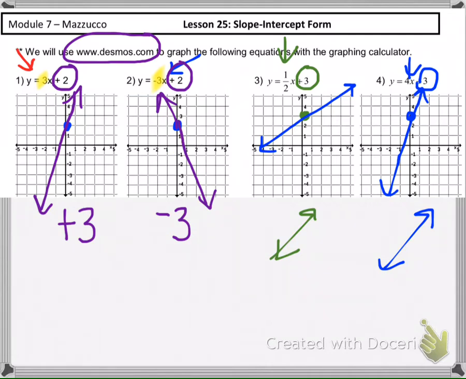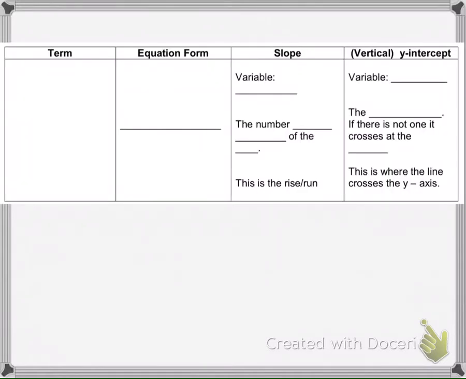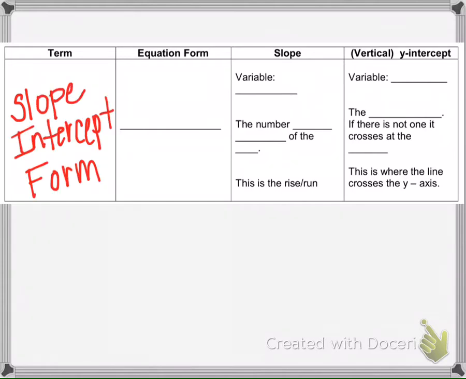So after a little discovery here, we see the job role of each of the numbers when the equation is written in y equals mx plus b. So let's go ahead and write some stuff down. Okay, so we call this form slope-intercept form, and that is when the equation is written as y equals mx plus b.